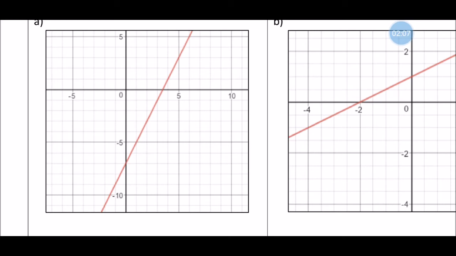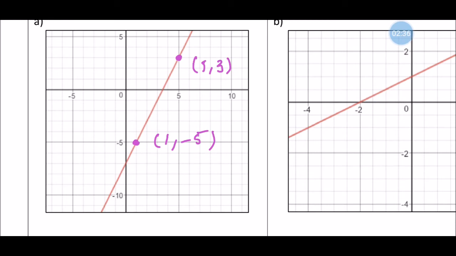So if we look carefully, we can see, there's one. That's 5, 3, 5 units to the right of the x-axis and 3 units up the y-axis. And, oh, here's another one. That's 1 unit to the right on the x-axis and 5 units down on the y-axis.